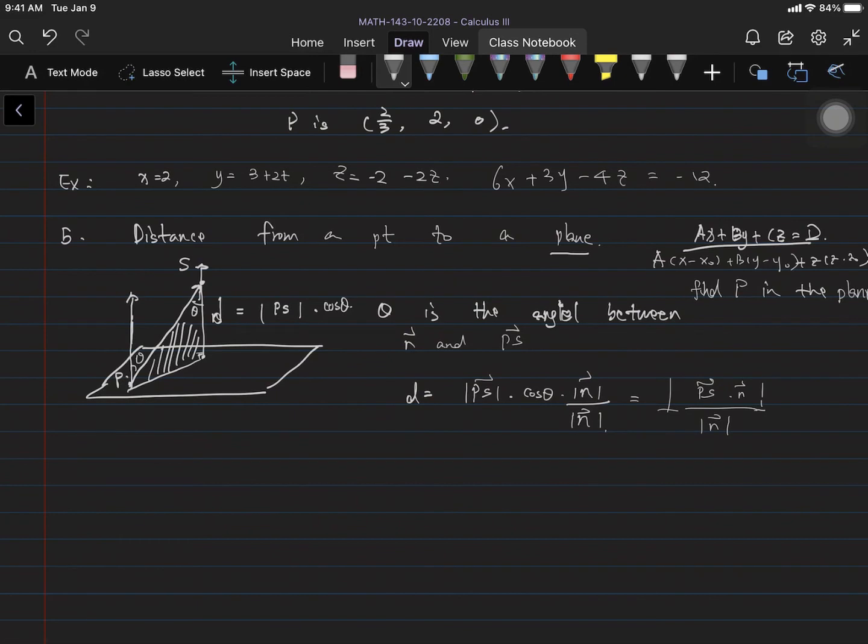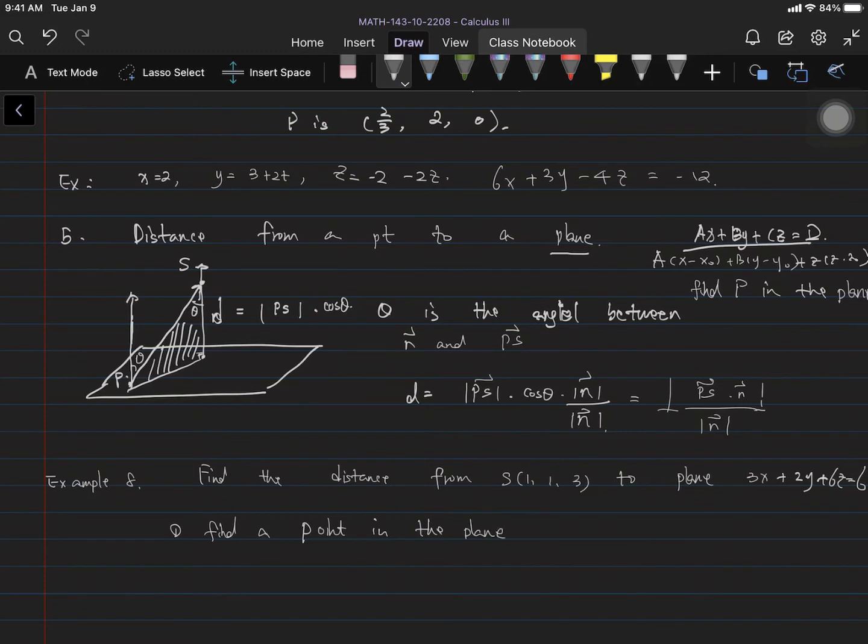Now we can take a look at the example. Find the distance from the point to the plane 3x plus 2y plus 6z equals 6. The first step, we want to find a point in the plane.